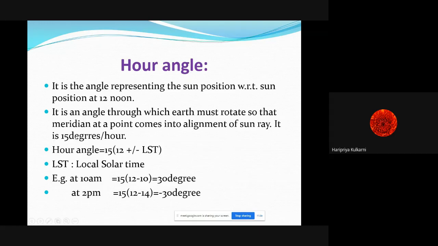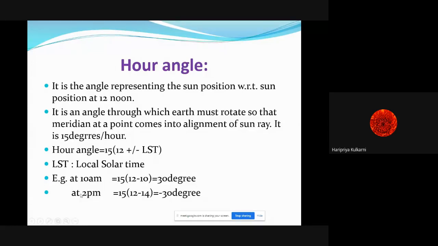So at 10 a.m., this is equal to 15 into (12 minus 10), which is 15 into 2, so it is 30 degree. As I said, it is 15 degree per hour, so it comes out to be 30 degree at 10 a.m.